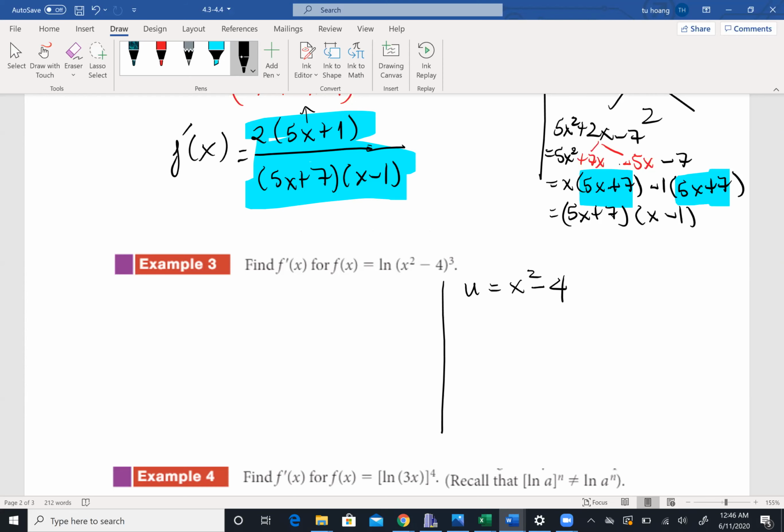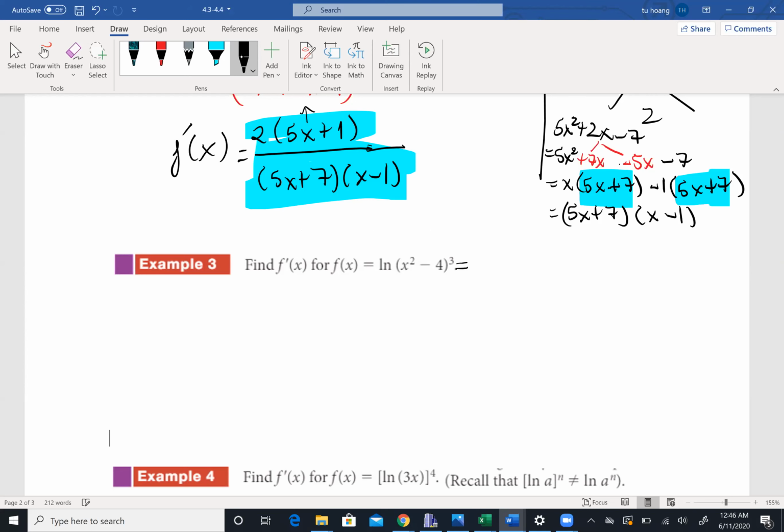For this case, you need to make it to the power 3, so then you have to apply the chain rule on this again. You can do that, but that way is maybe a little bit long.